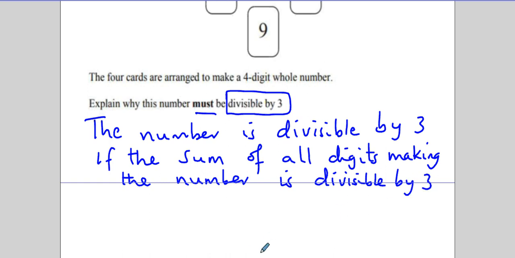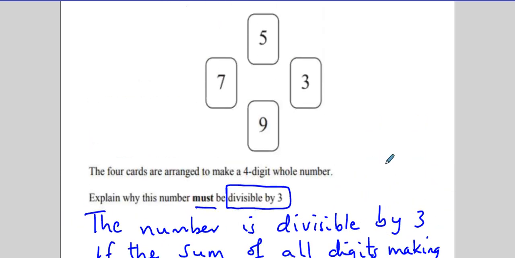The number is divisible by 3 if the sum of all the digits making up the number is divisible by 3.